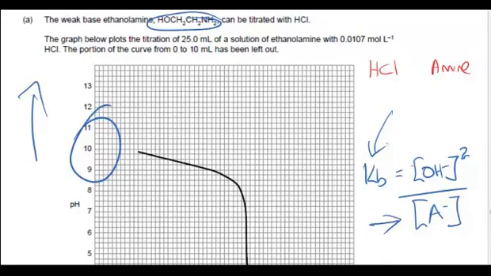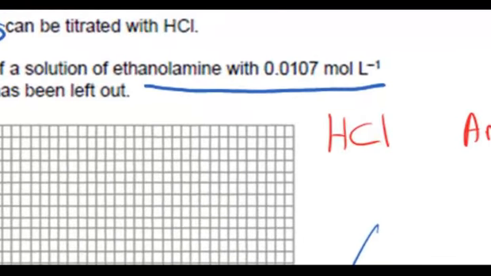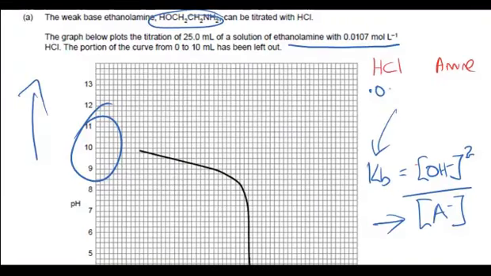Now, in doing this question, there's some information we're given. In terms of the acid, we've been told it's 0.0107. How much acid is there? Well, if we look at the graph, we can find that out.